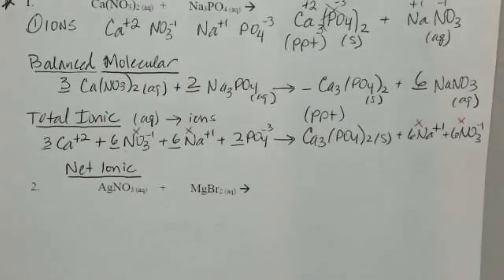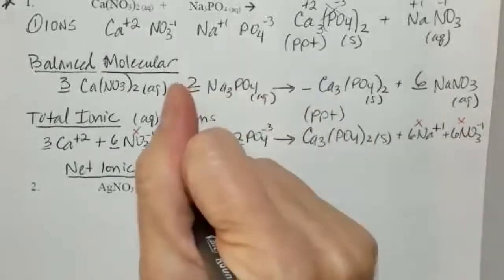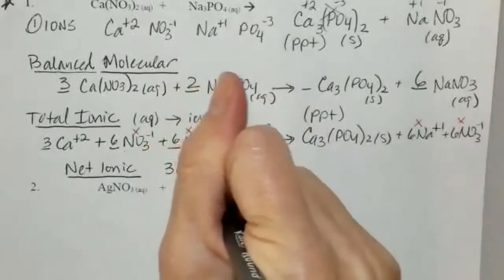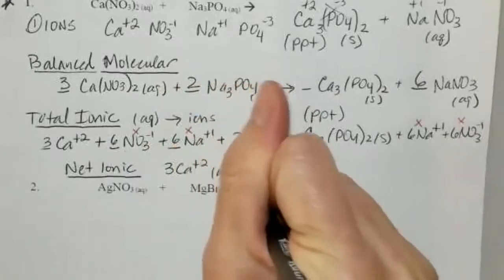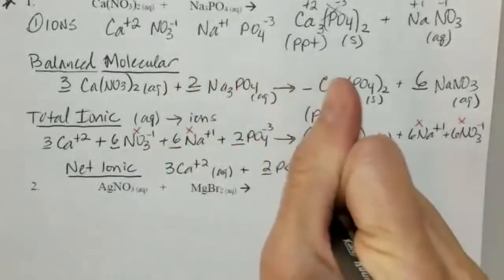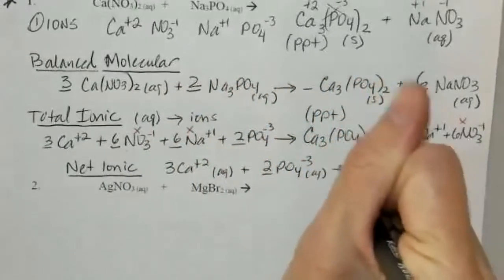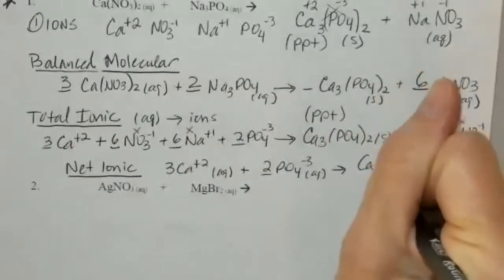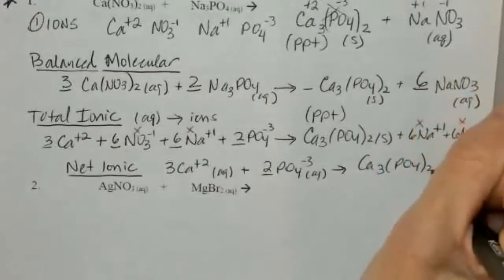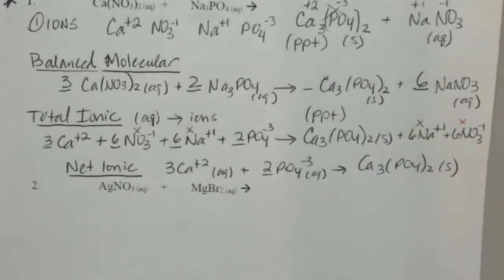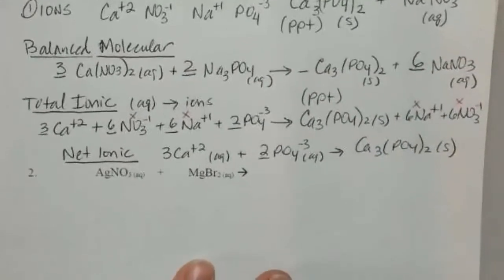I guess the idea is that they're in the test tube watching the reaction happen. And so we get rid of those. And the net ionic becomes what is the chemical change, which is the 3 calcium ions finding the 2 phosphate ions to make the Ca3(PO4)2 precipitate. All right, so the net is just showing what made the solid.